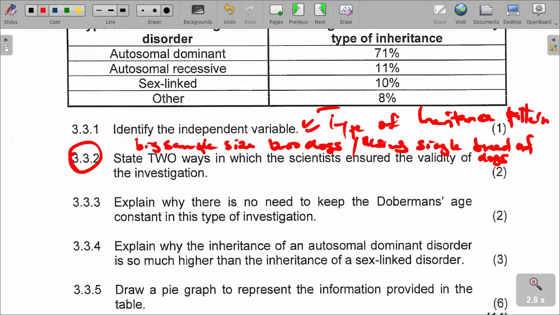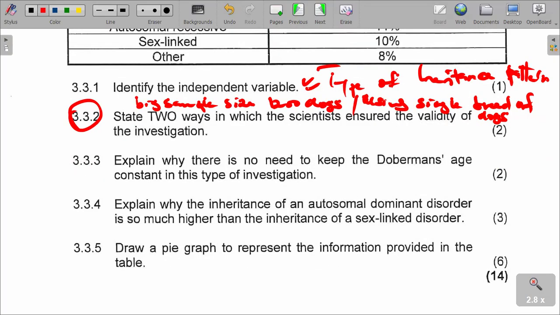Then explain why there is no need to keep the age constant in this type of investigation. It is because inheritance patterns are genotypic, not influenced by the age of the dog. So age is simply irrelevant to allele classification.